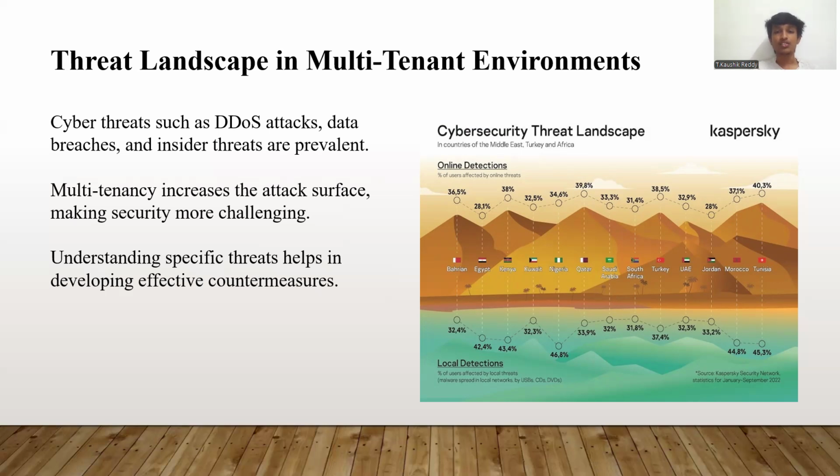These are the local detections, the percent of users affected by local threats, malware spread in local networks by USB, CDs, or DVDs. Source: Security Network statistics for January to September 2022.